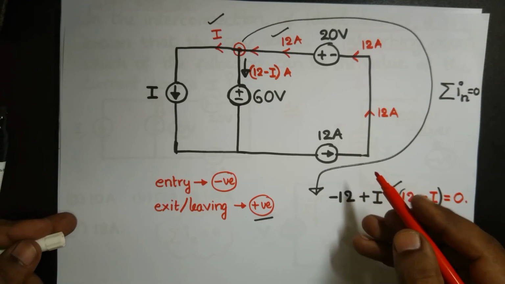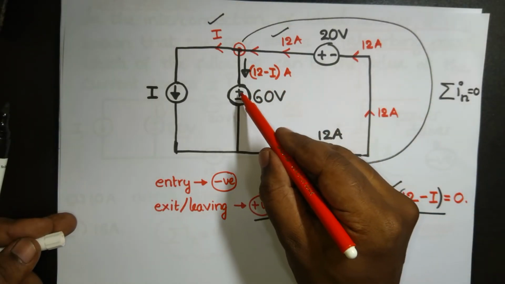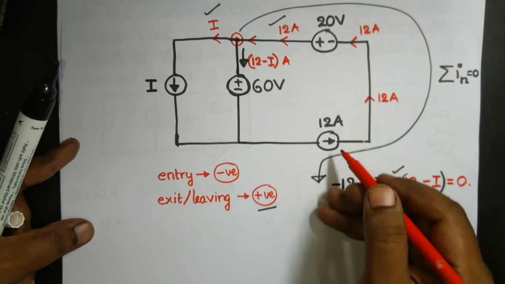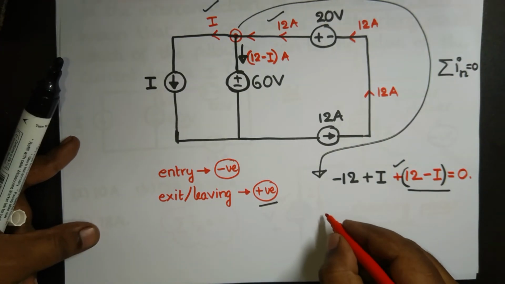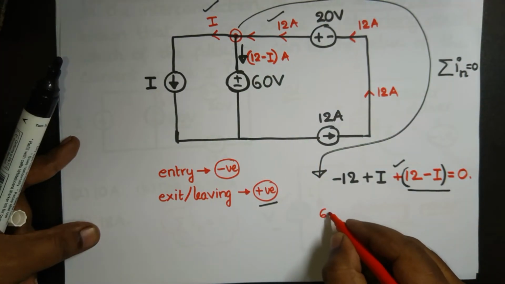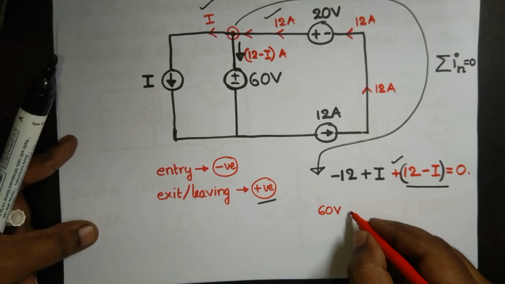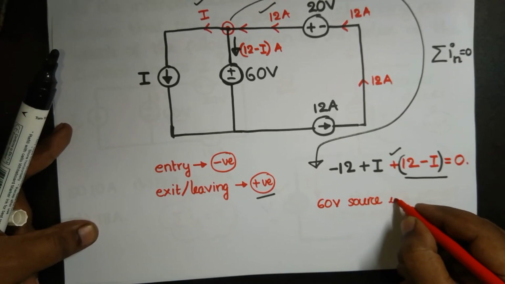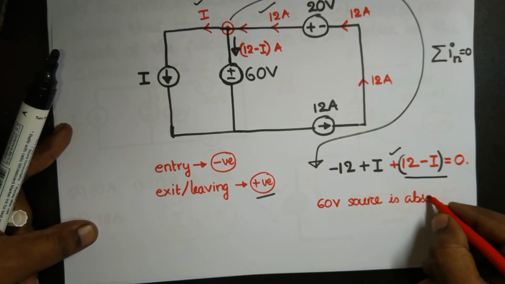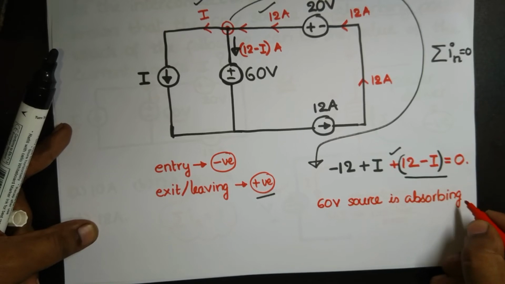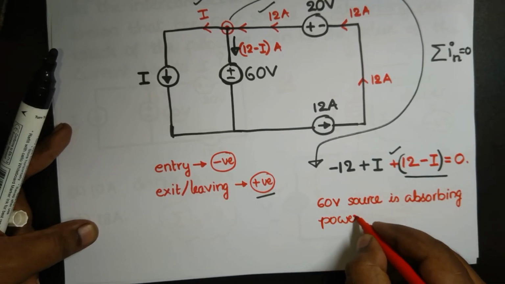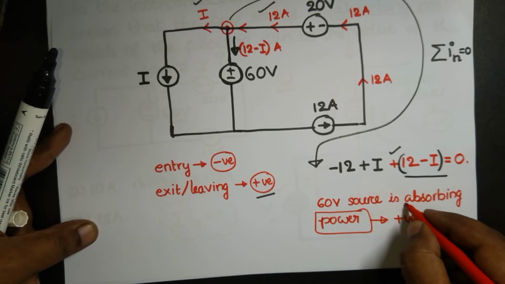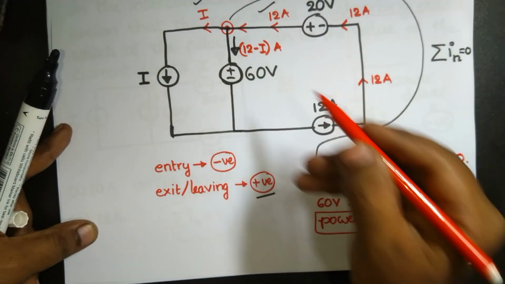Now you observe again. This 12 minus I ampere is entering at the positive terminal, and it's given that the 60 volt source is absorbing power. So the 60 volt voltage source is absorbing power, and this power quantity must be a positive value because the current is entering at the positive terminal.